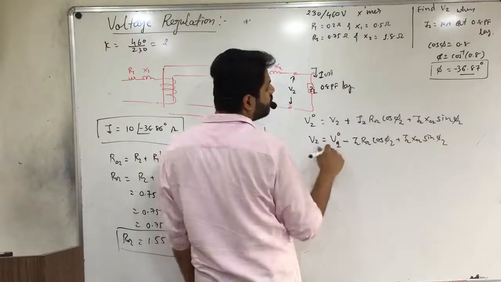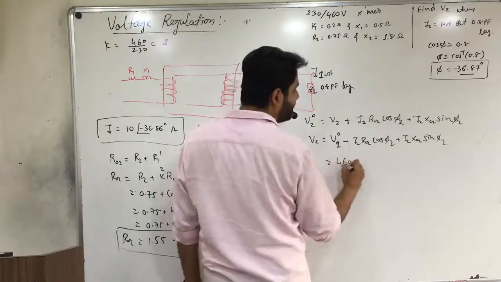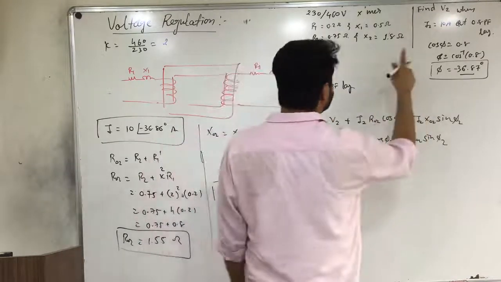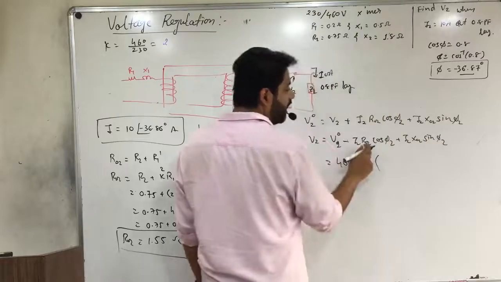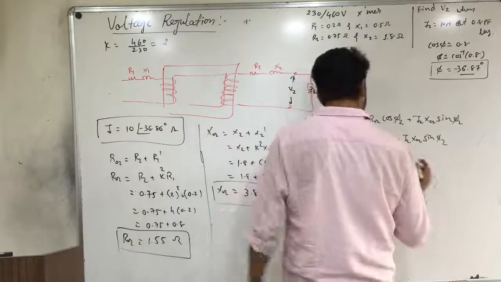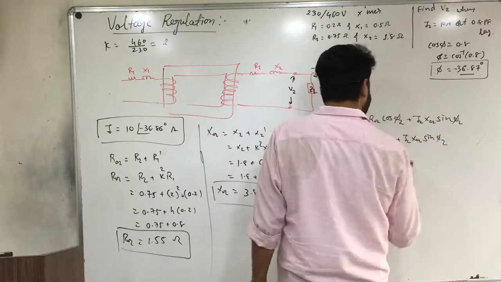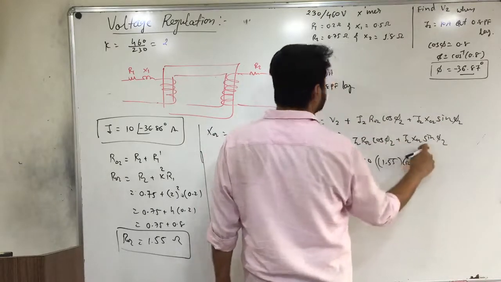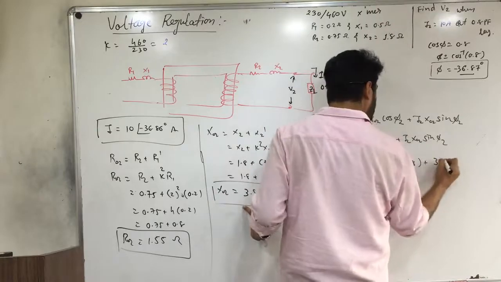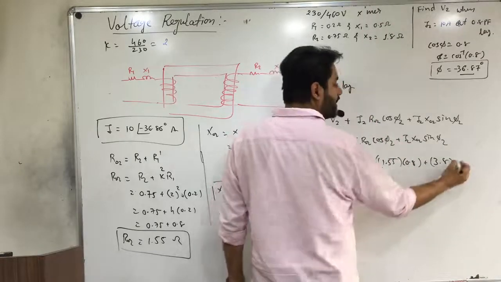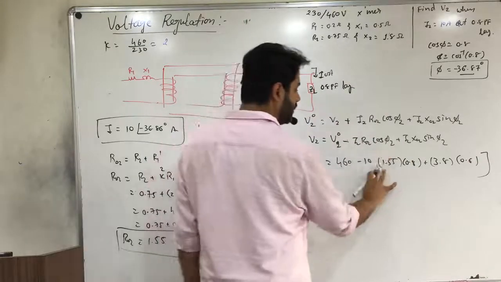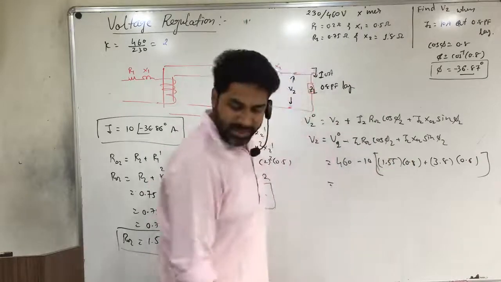V2 no load was 460 volt, minus, taking I2 common, which is 10 ampere, RO2 is 1.55 ohms, cos phi is 0.8, plus XO2 is 3.8, sin phi 2 is 0.6. Is it clear? Fine. So we just have to do this calculation.